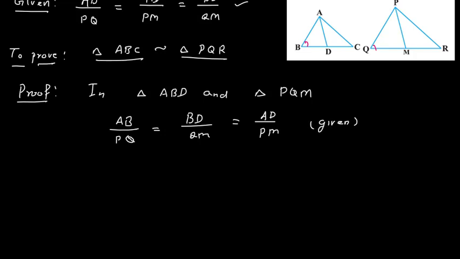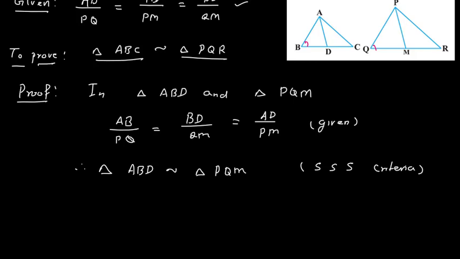This is given, these ratios are given. Therefore triangle ABD is similar to triangle PQM. These two triangles are similar by the side criteria.